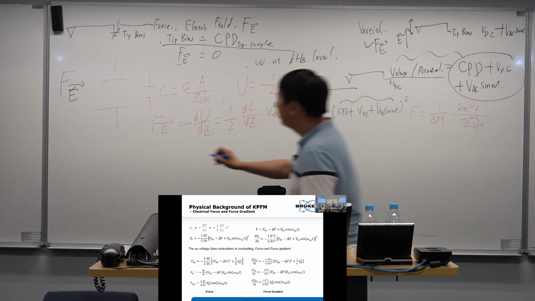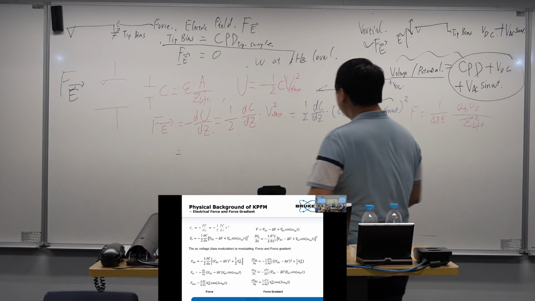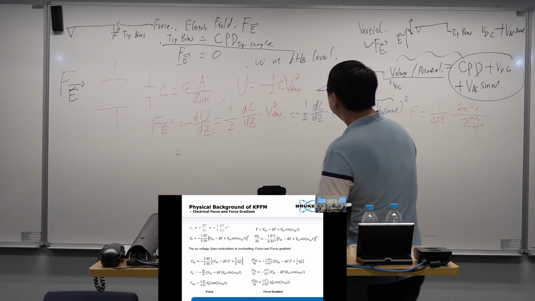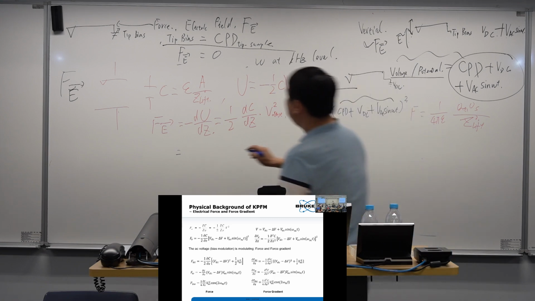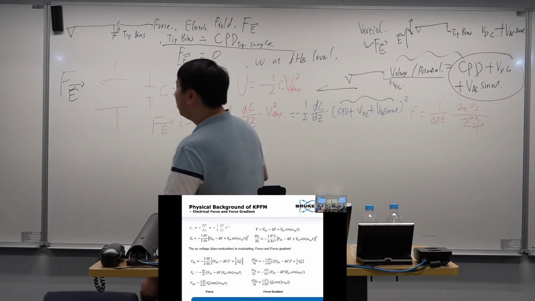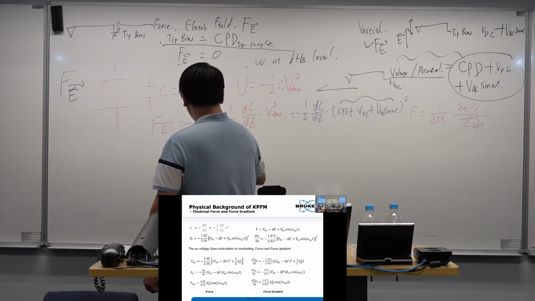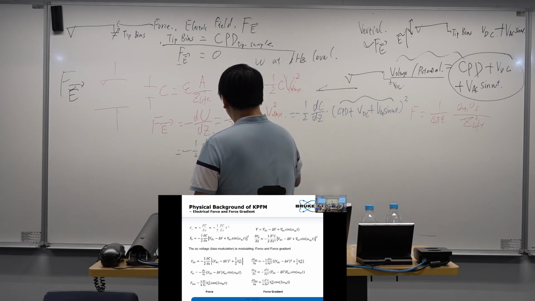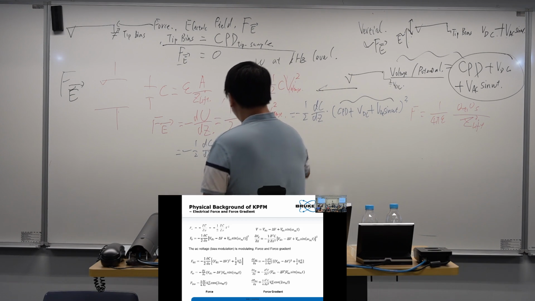So we will get three terms. One term, I think there is a negative here. The one term here is the negative dC over dz, and this one is (CPD plus VDC) square.